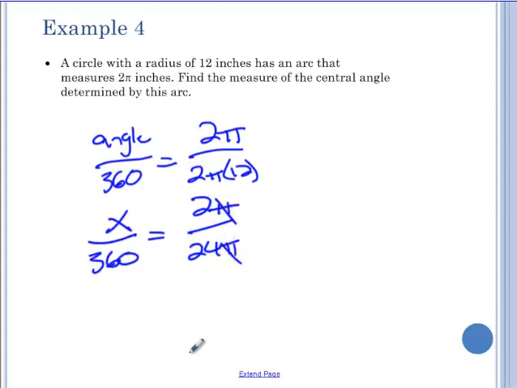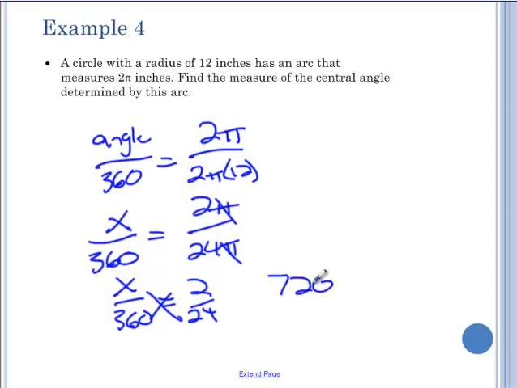I see a pi in both, so let's cancel it. x over 360 equals 2 over 24. You can simplify this if you want. Either way, we get 720 equals 24x. So you've got to take 720 and divide that by 24, and you get that x is 30 degrees.